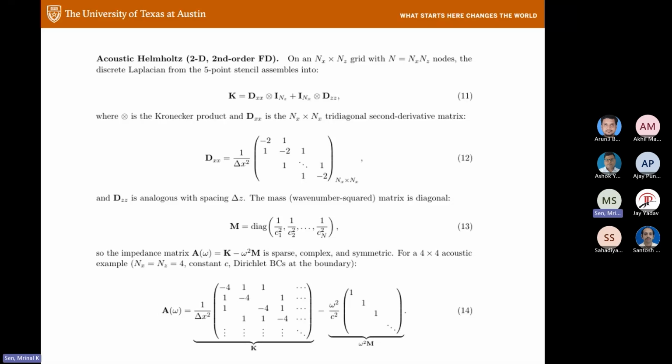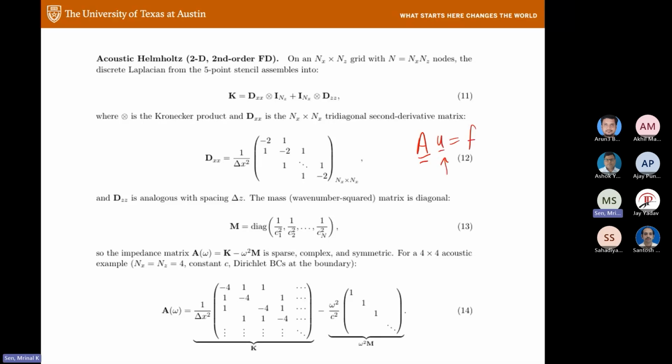Essentially, if you take your wave equation and discretize it in frequency domain, meaning the Helmholtz equation, then you have a linear system, Au equals f.